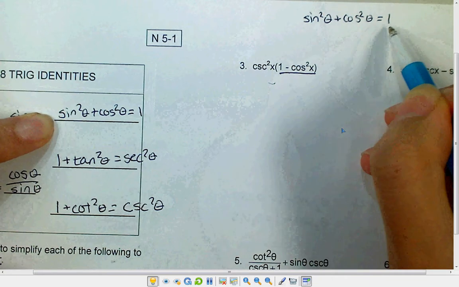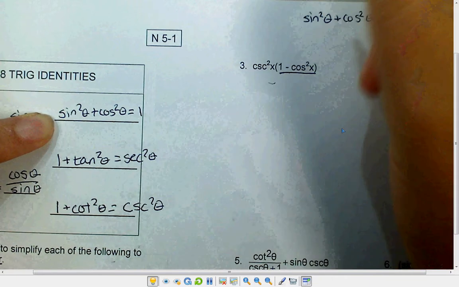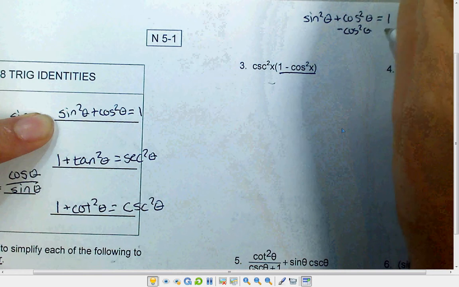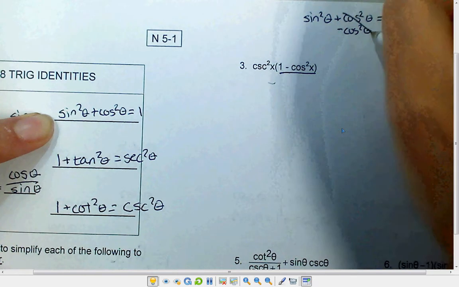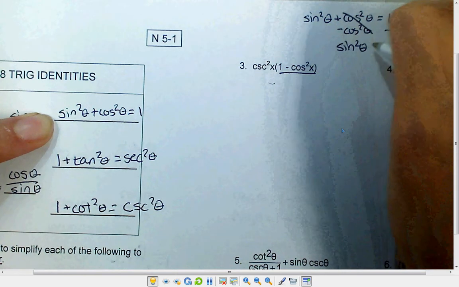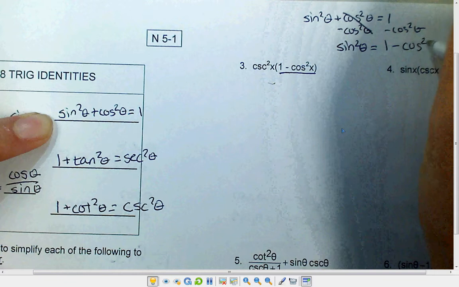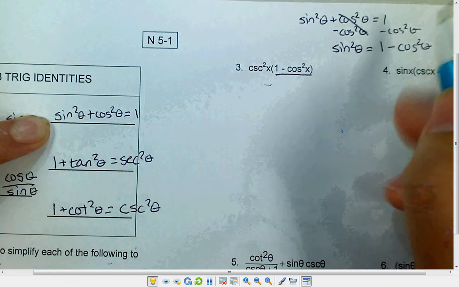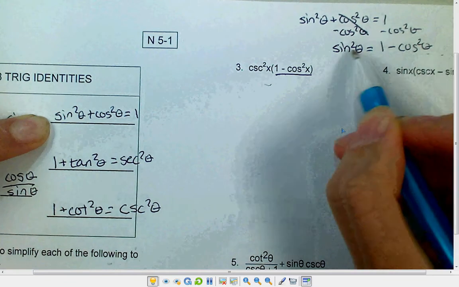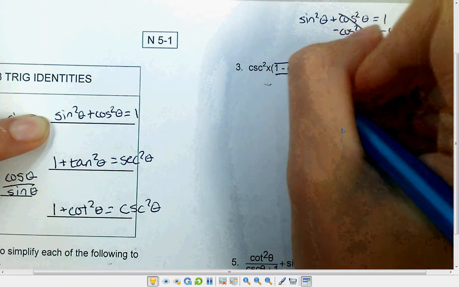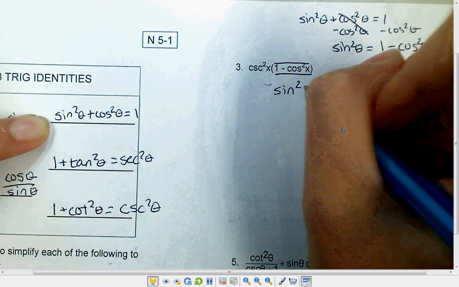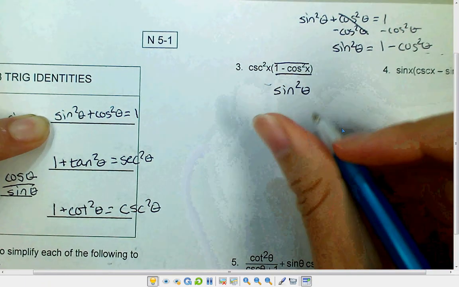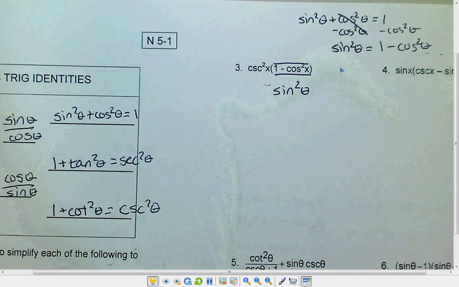If I want to solve this so I have 1 minus cosine squared, what I'm going to do is subtract cosine squared from both sides. And this leaves me with sine squared equals 1 minus cosine squared. So because 1 minus cosine squared is the same thing as sine squared, I can actually replace this whole thing with sine squared because these two are the same thing. They're equivalent.